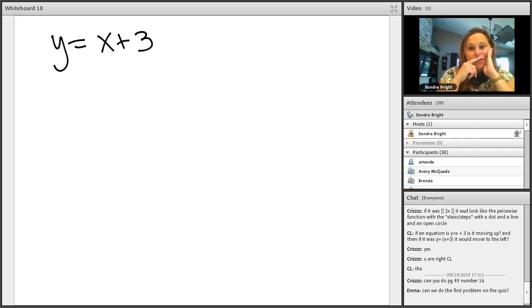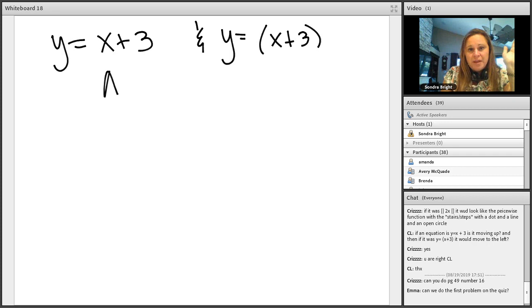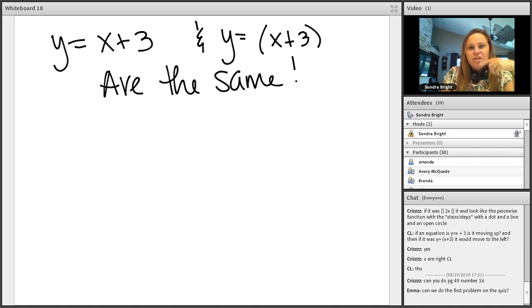Actually, okay, so yes, you're absolutely right. It does both on this one. This is unique, and it's only because x plus 3 with no parentheses on it and y equals x plus 3 are the same graph. You don't need parentheses around this x plus 3.